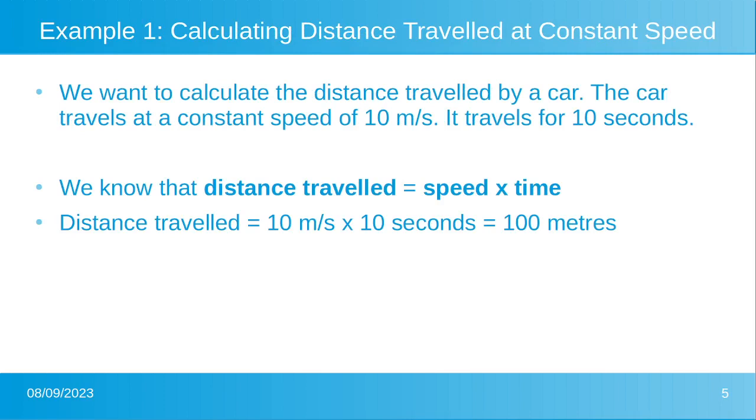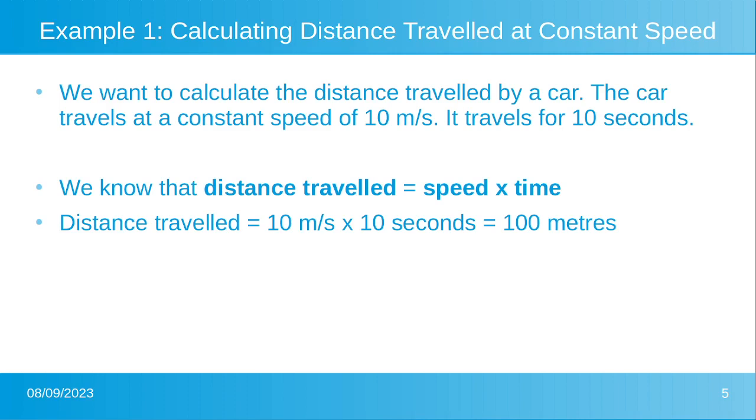For our first example, we're looking at calculating distance traveled at a constant speed. We want to calculate the distance traveled by a car. The car travels at a constant speed of 10 meters per second, and it travels for 10 seconds.